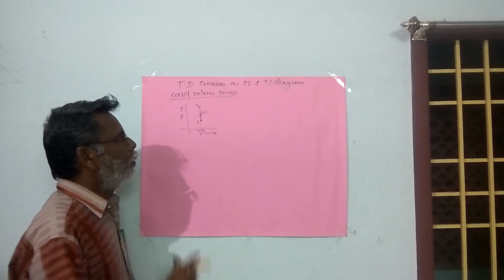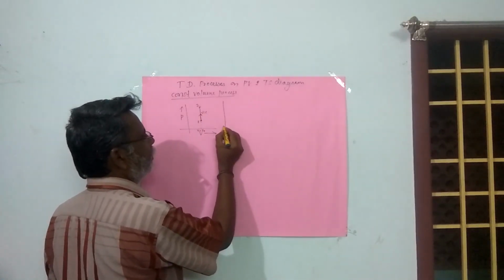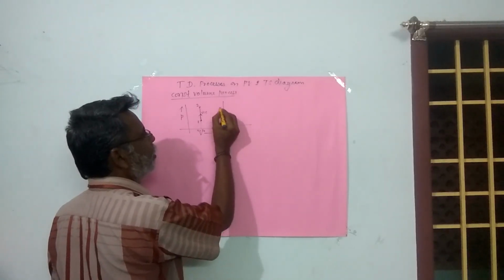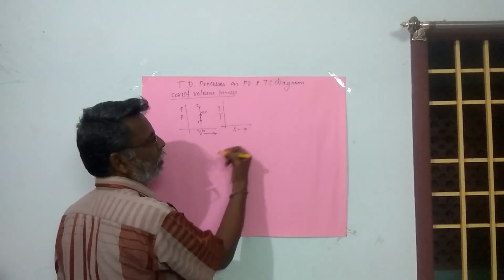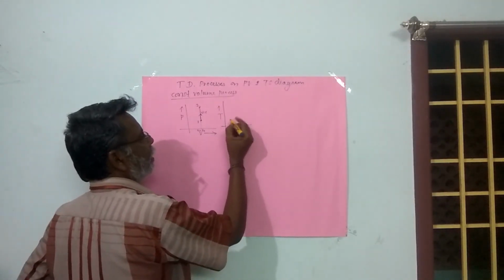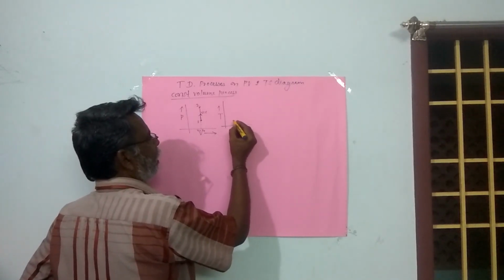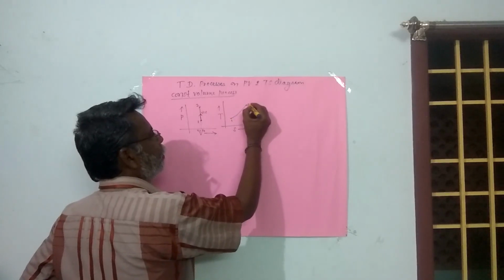Now let us see how it is represented in the TS diagram. In the TS diagram, temperature is taken on the y-axis and entropy on the x-axis. The diagram is a curve like this, from 1 to 2.